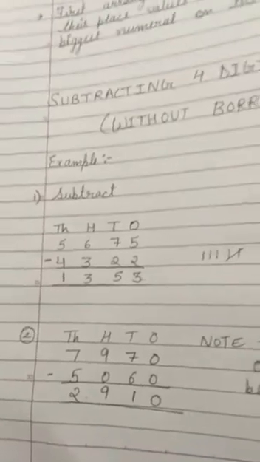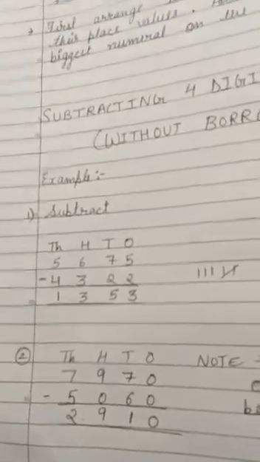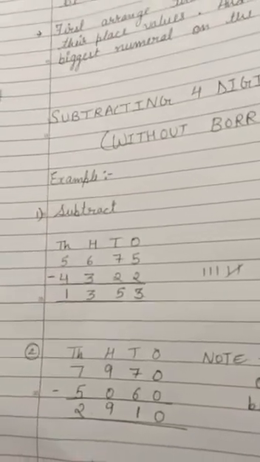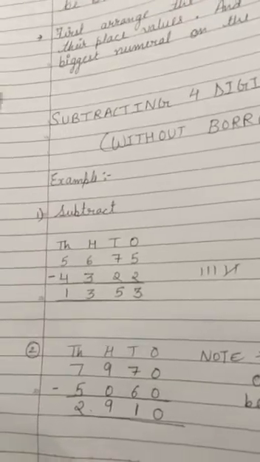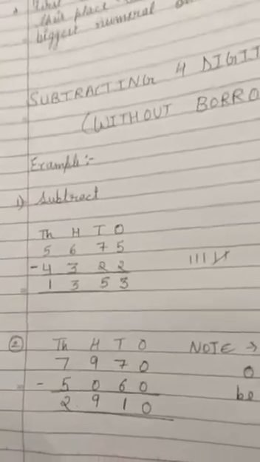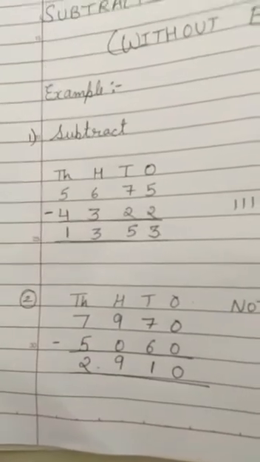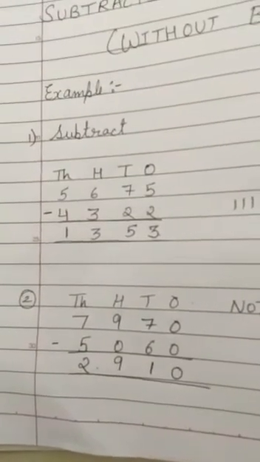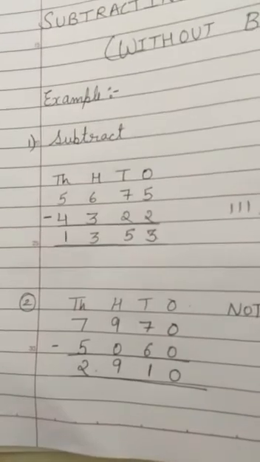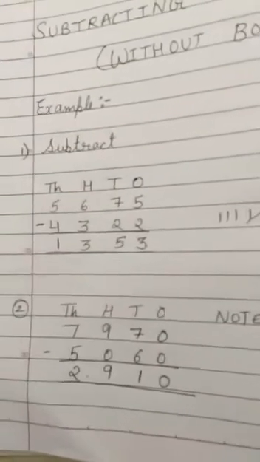Now 9 minus 0: as I said, when we subtract 0 from any digit, we get the digit itself. So 9 minus 0 is 9. Now coming to the thousands place, 7 minus 5, that is 2.